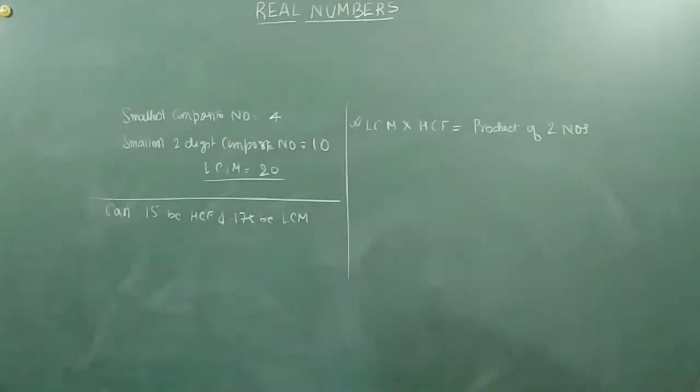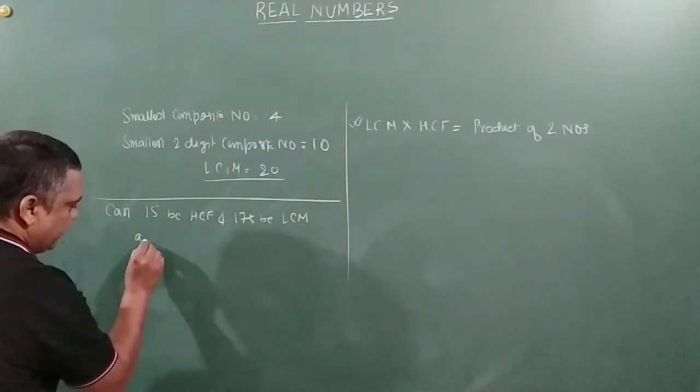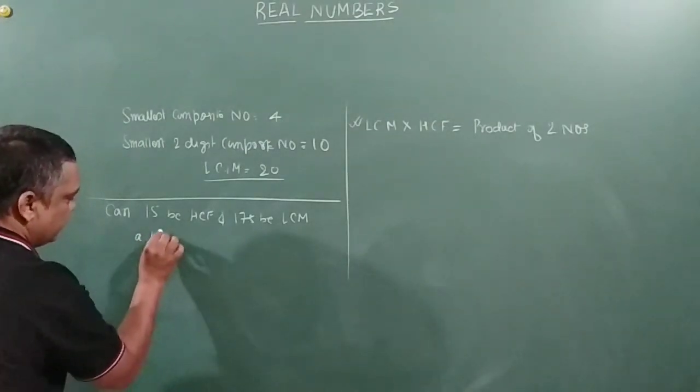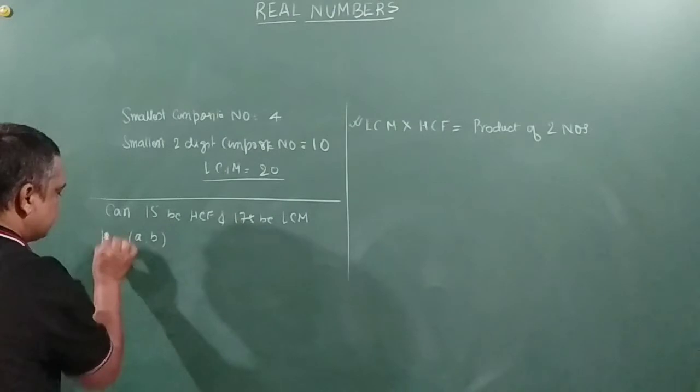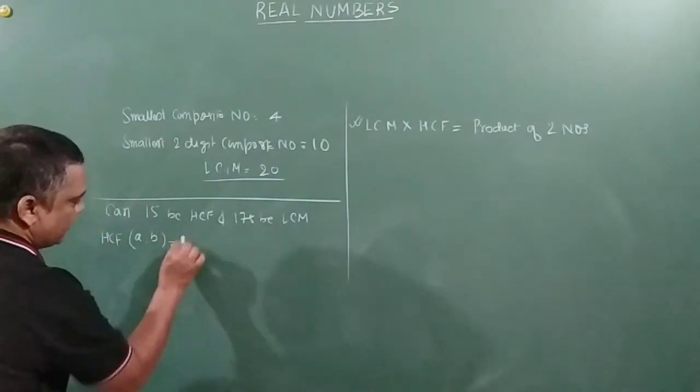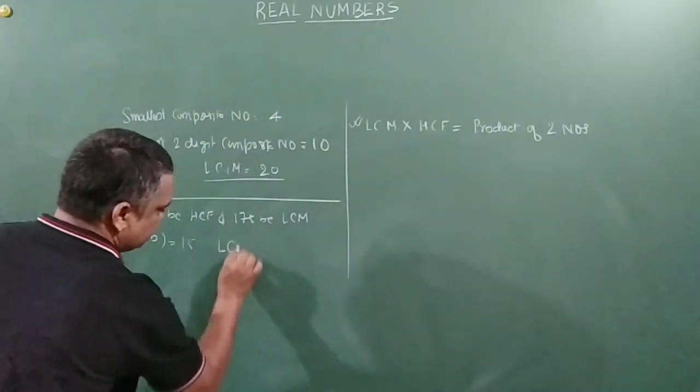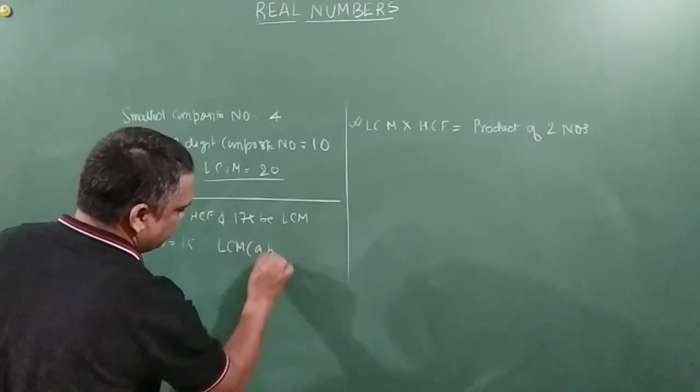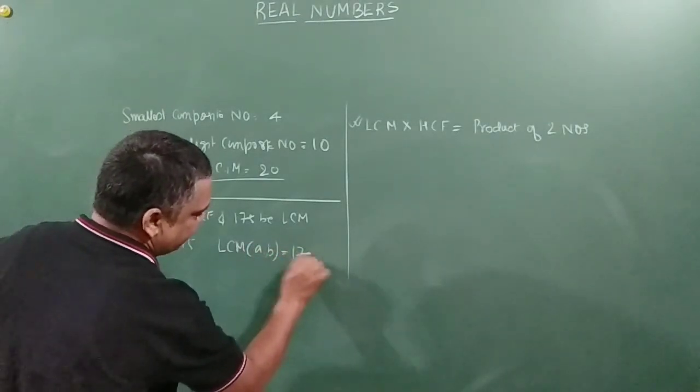So I'll just read out the question exactly to you. Can two numbers have 15 as their HCF? There are two numbers A and B. HCF of A and B is equal to 15 and LCM of A and B is equal to 175.